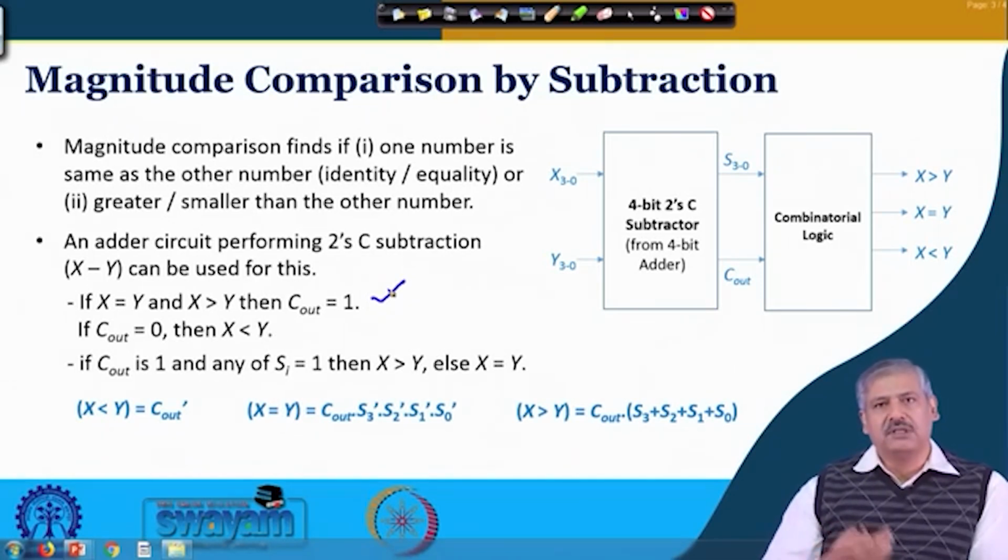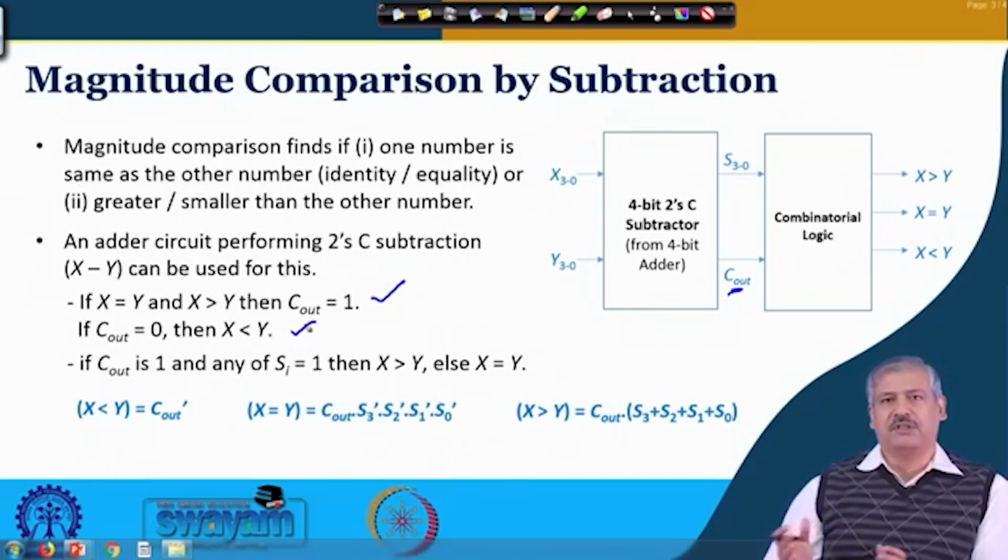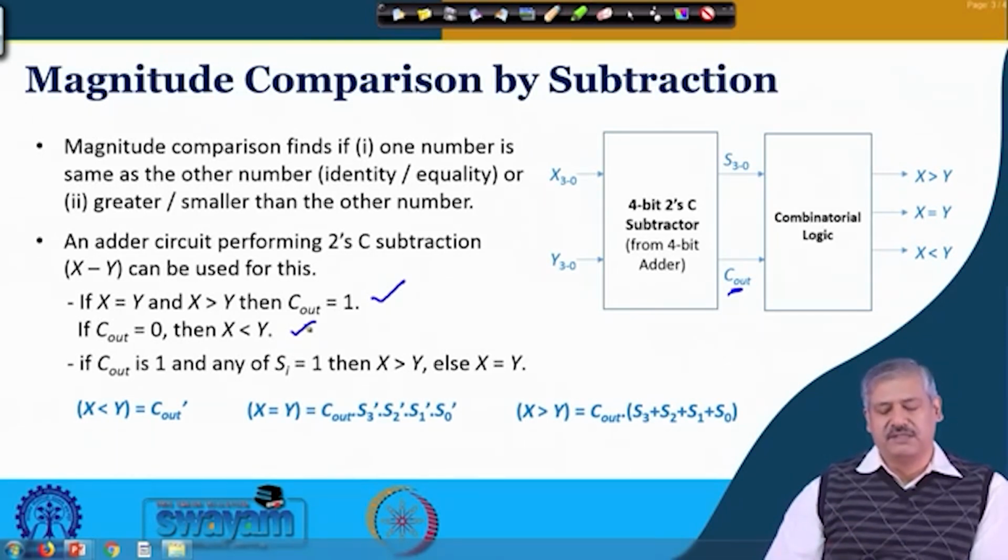From there, we take the important point that if x is equal to y and x greater than y, then the carry out that is generated is equal to 1. And if carry out generated is 0, then the result is negative, so x is less than y. Okay. You remember that? Okay.